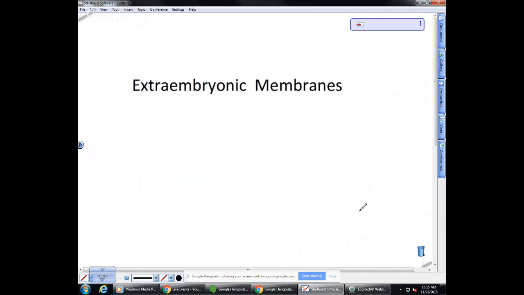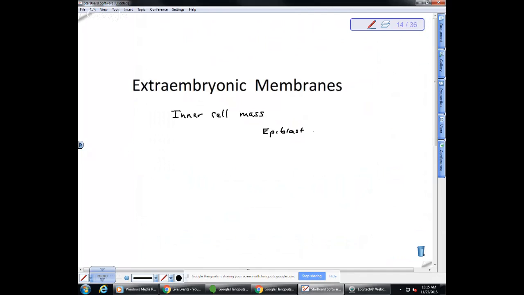Okay, so if we look at the extraembryonic membranes that are formed during development, we can look at the inner cell mass and the anatomy of it. The inner cell mass has an epiblast to it. So epi means on top.